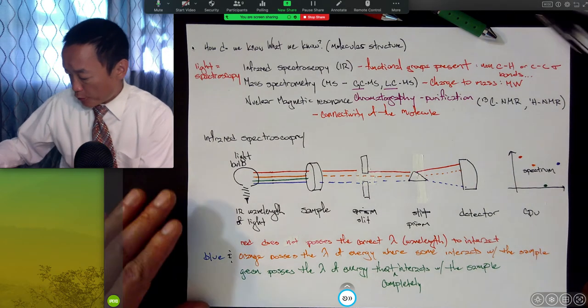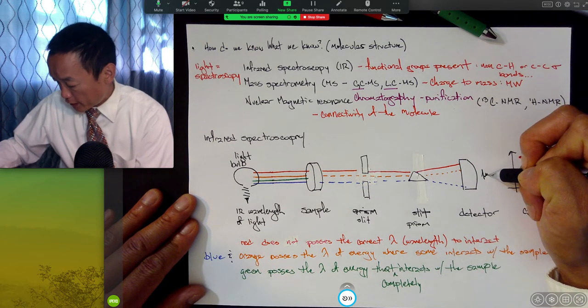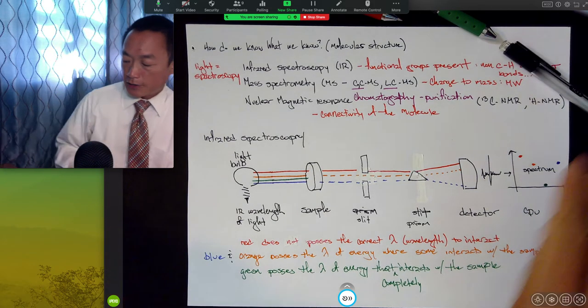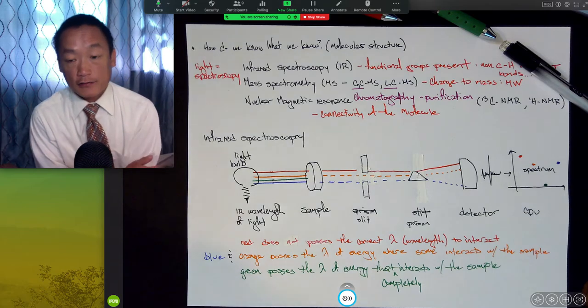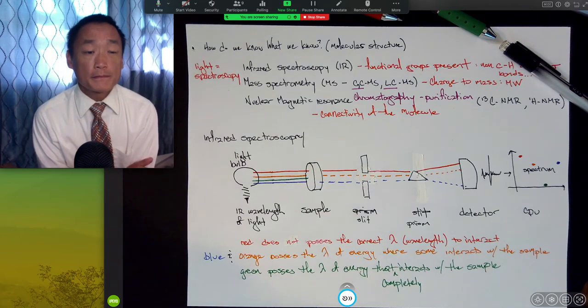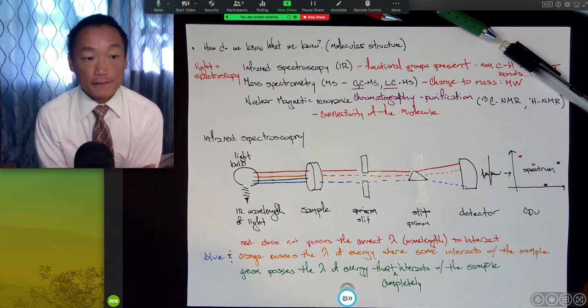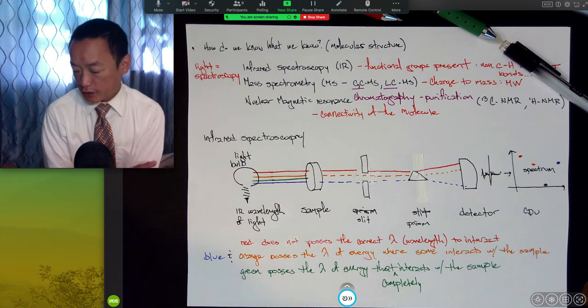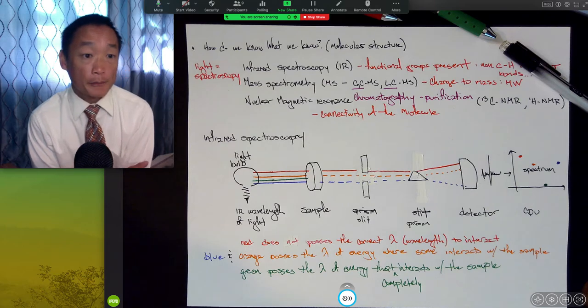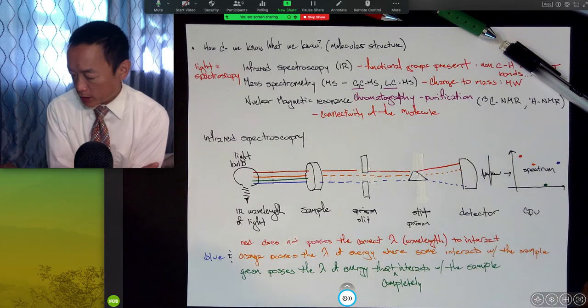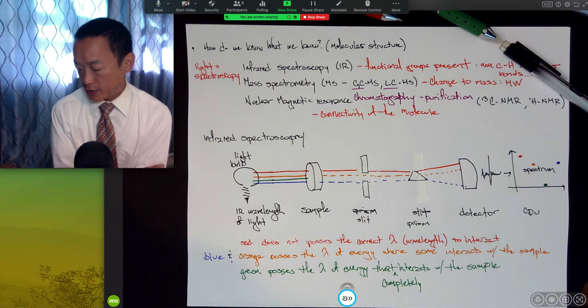What you end up with is this weird looking squiggly thing that then gets translated into your spectrum in the computer, and that Fourier transformation occurs every 4 scans. Typically you'll see 4, 8, 12, 16 different scans used to collect your samples, multiples of 4. And so that's typically what's observed in this setup.